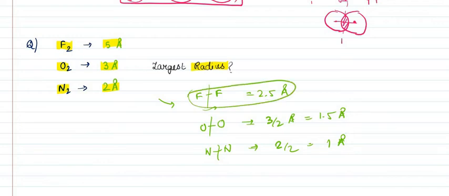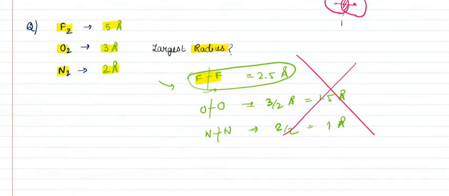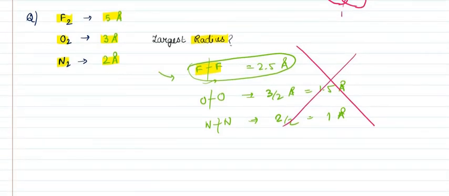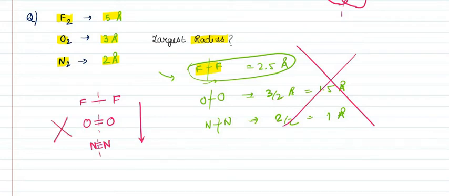Very easy, it's fluorine. But if you say fluorine, it will be completely wrong. Why was this wrong? Can you tell me? Yes, fluorine has 1 covalent bond, oxygen has 2 covalent bonds, nitrogen has 3 covalent bonds. As the number of covalent bonds increases, the distance will automatically decrease, but this is not at all comparable.